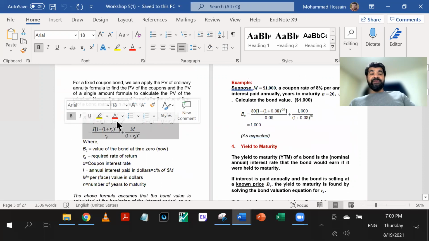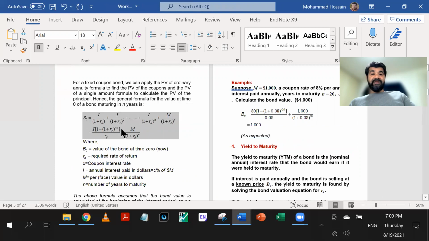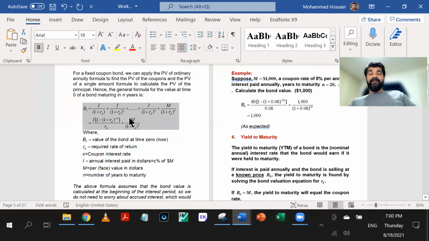This is the equation. I cannot type on this one, but this is the equation from last week, because our practice questions are from last week. Today we talked about net present value and payback period; we'll talk about these things next week.